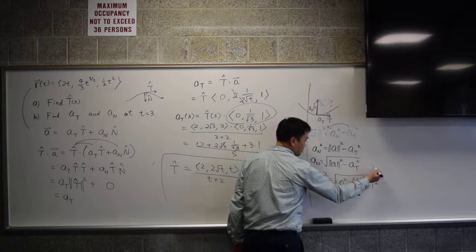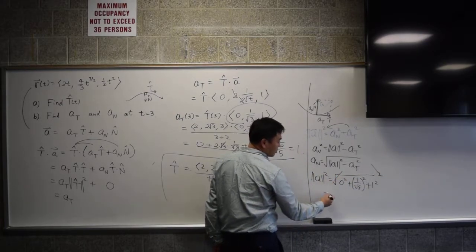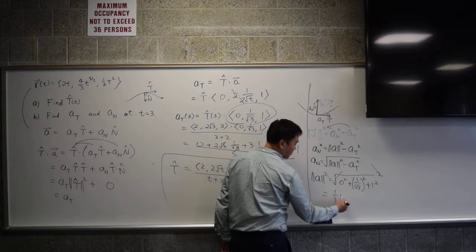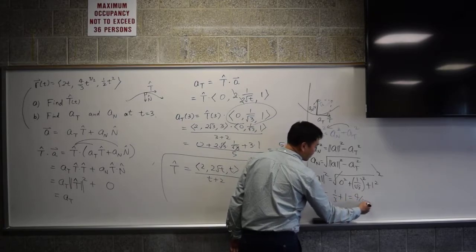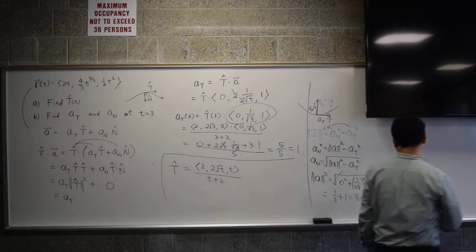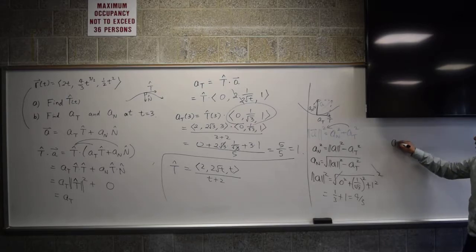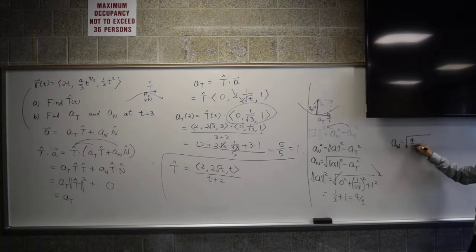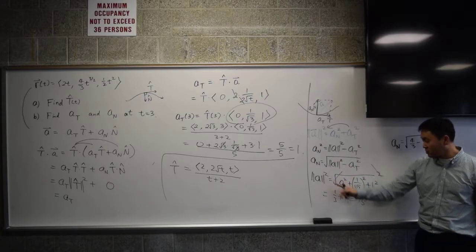And this square and square root will cancel. This is 1/3 plus 1, which is 4/3. Therefore, an is the square root of 4/3 minus 1 squared. Right? See, this squared is already 4/3.